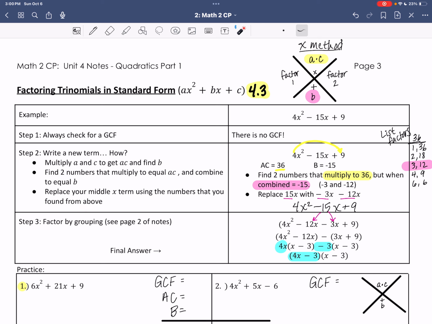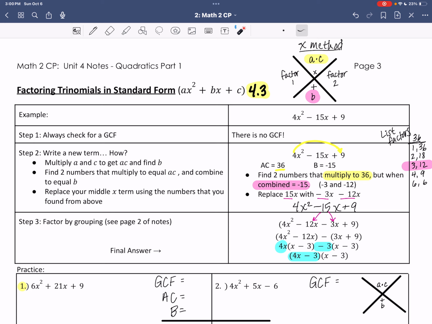And that's what we did last lesson. So since there's no GCF, we don't have to factor that out. We should have already done that. But now we're going to start grouping. So we're going to take these two and put them in parentheses here. And we're going to take these two and put them in parentheses here. Now notice I left this negative outside because we typically don't want that number to be negative. If it is, you factor it out.